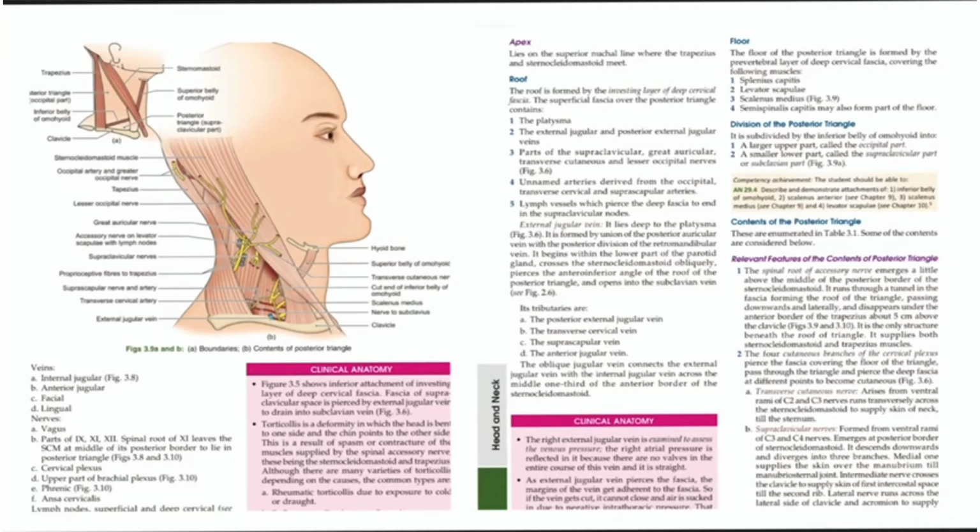The appreciable thing in BDC, which is lacking in many other books, is that it has great clinical anatomy. Side by side you get to know the clinical anatomy of the topic you're studying. For example, you're studying the posterior triangle, you get to know what torticollis is, and that the external jugular vein is examined to check for venous pressure.